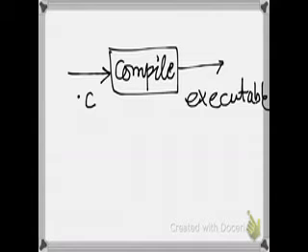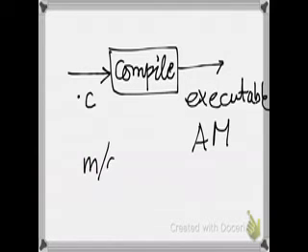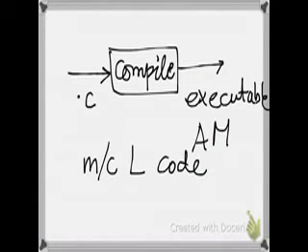So this executable file also is stored in your auxiliary memory. Alright, so this executable file may contain instructions in machine language. So this machine language code can be executed directly on the computer.